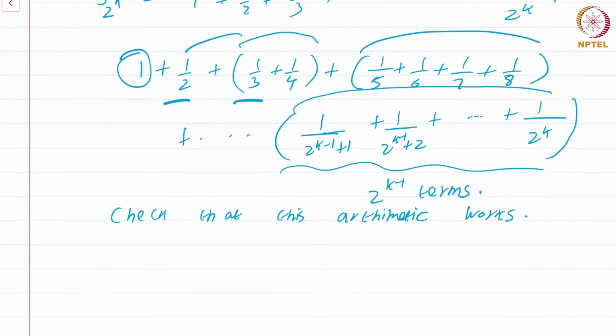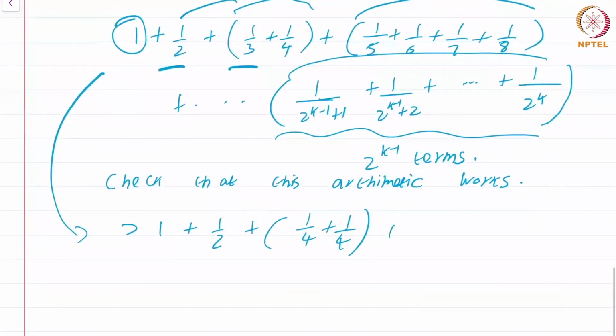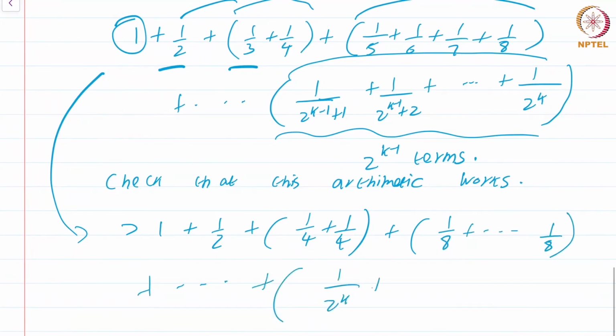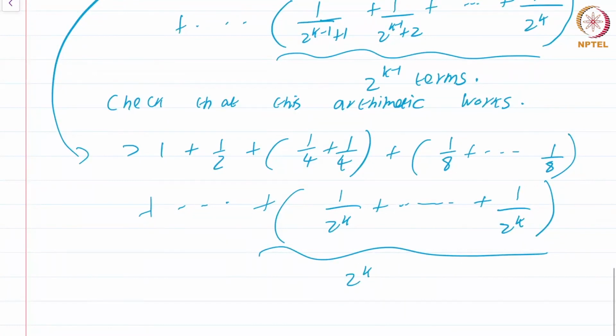That means I want to increase the denominator, and it should be fairly easy to guess the next step. It's 1 plus a half plus 1 by 4 plus 1 by 4, I'm increasing the denominators, plus 1 by 8 plus dot dot dot 1 by 8, 4 terms, plus dot dot dot plus 1 by 2^k plus dot dot dot 1 by 2^k, 2^{k-1} terms.